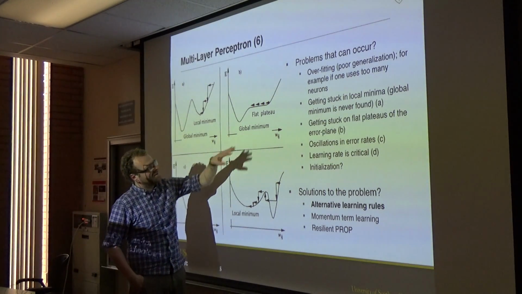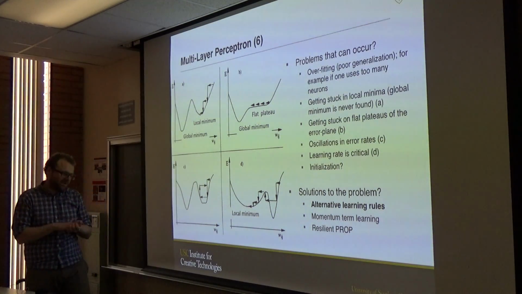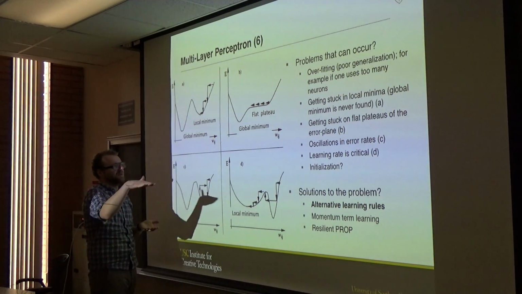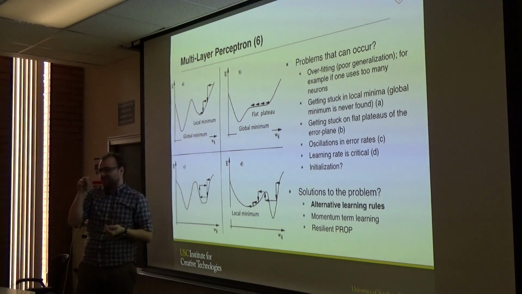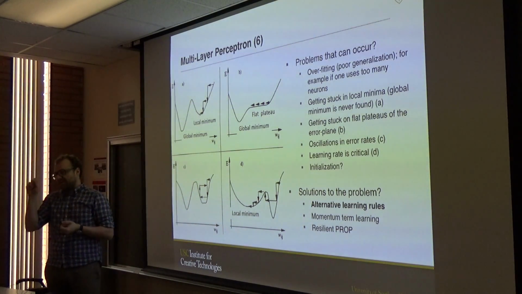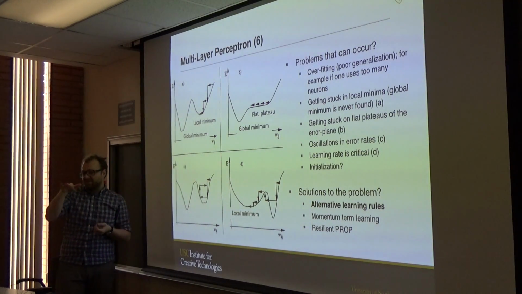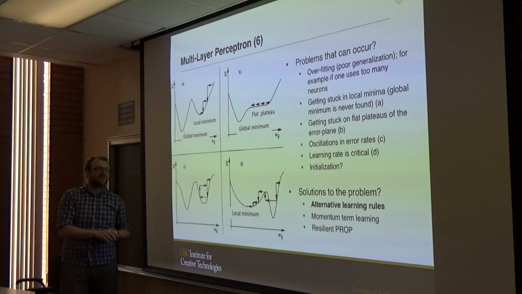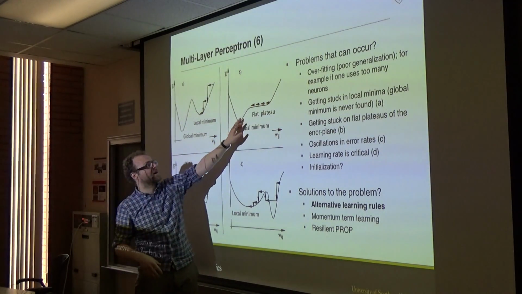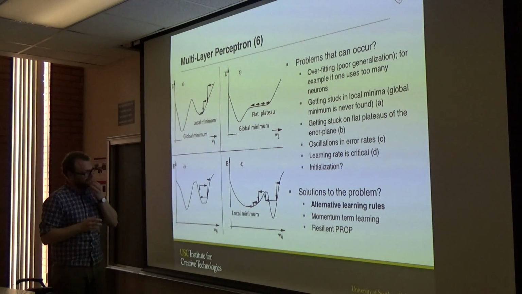Another thing that could happen is that you end up on a flat plateau of the error function, which gives you only a small gradient, and if you then have a very small learning rate, the update will be very tiny, so you're only moving very slowly across that flat plateau, and it might take a long time to find the global minimum, okay? That's one other issue.